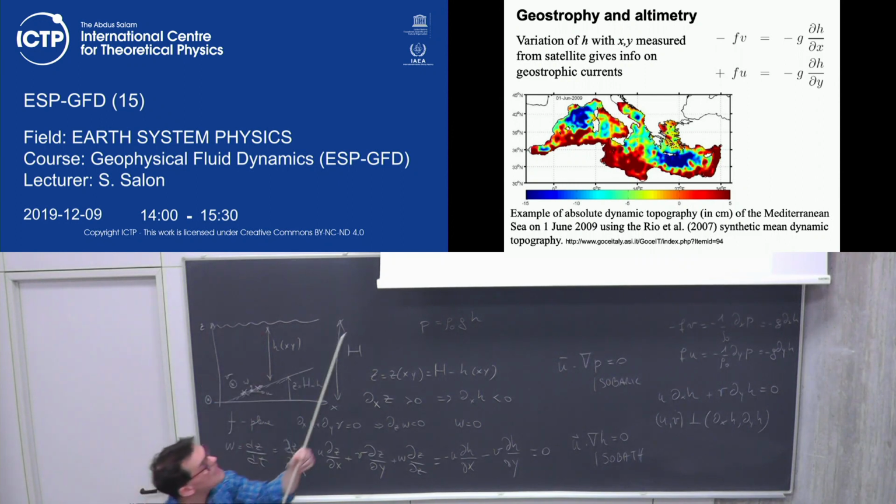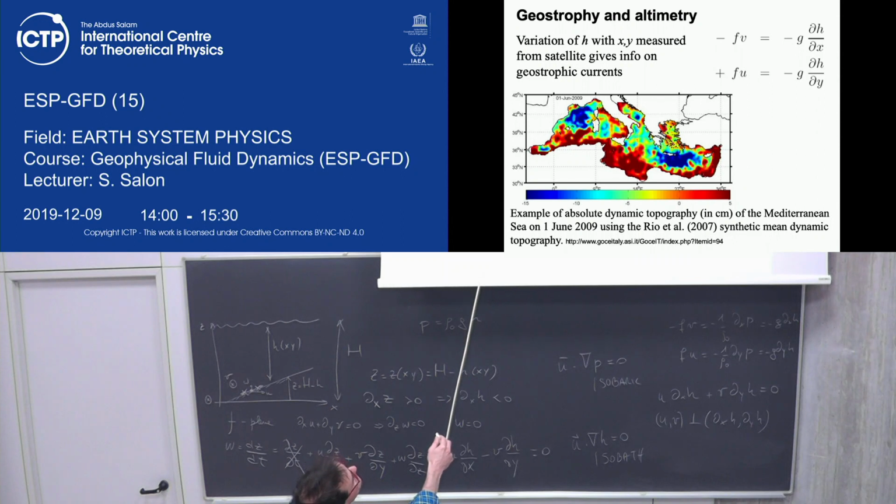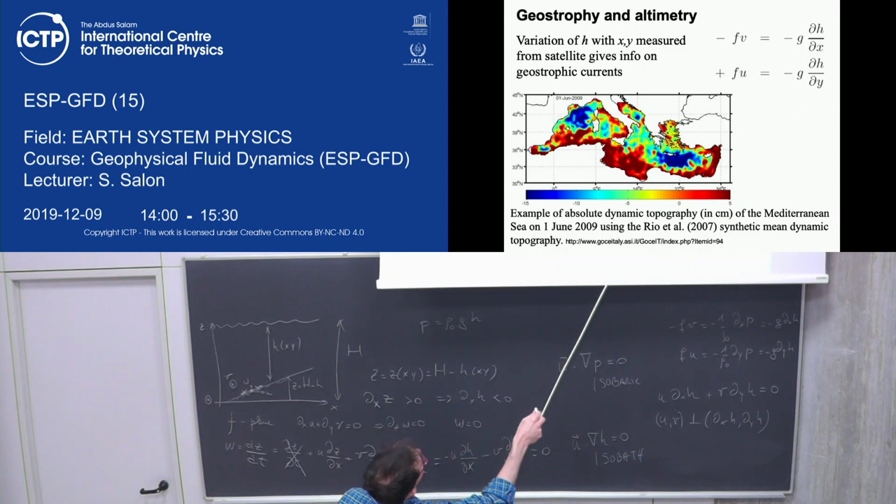Okay? And even if it's something like centimeters, you have a topography which is positive here, where it is red, and negative here.